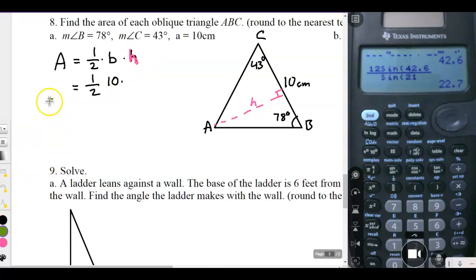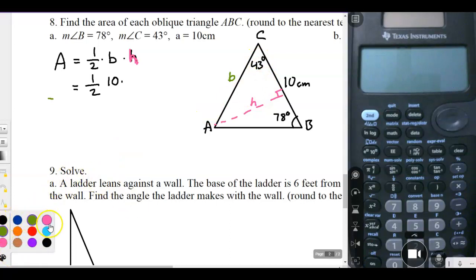Let's see how I want to do this. Yeah, let's say I want to find B. Right? So I have to ask myself how I'm going to use my laws to figure this out, and it looks like I don't have enough information to do law of sines, right? Because I need an angle and side pair here.